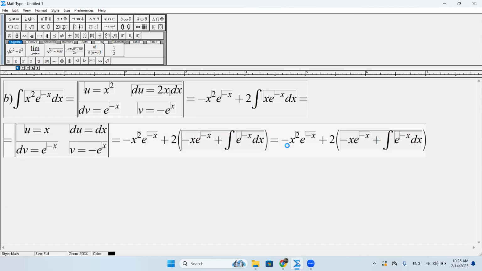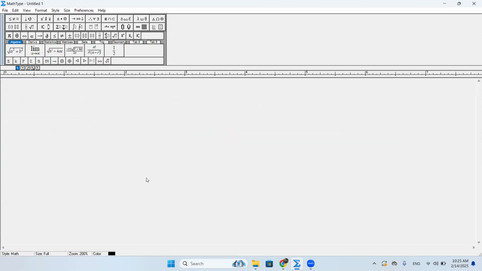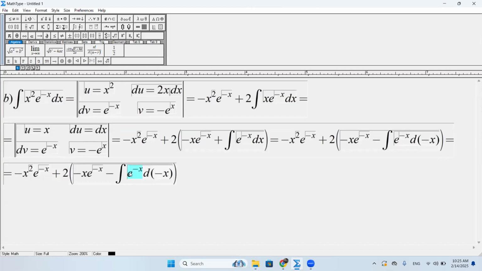So let me remind you once more of the differential entry technique. Minus x. And now let's integrate it finally. And here we will just have the exponent plus c.